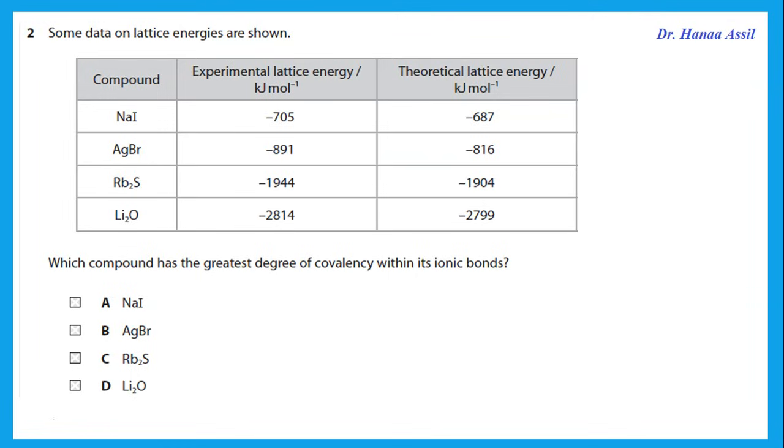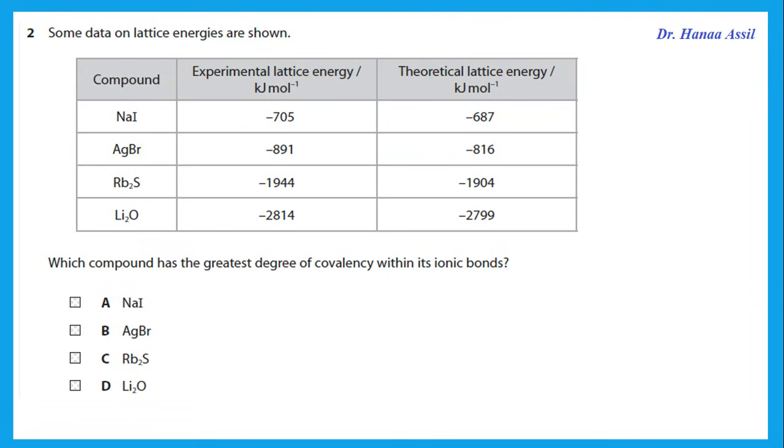Some data on the lattice energies are shown. Which compound has the greatest degree of covalency within its ionic bonds? Remember we said lattice energy can be obtained experimentally, or we can compare it to a theoretical value.